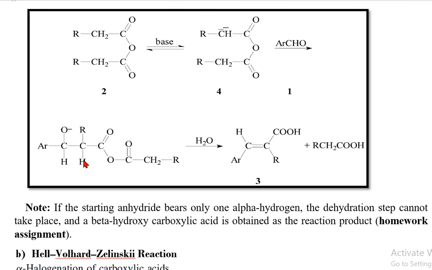So if the anhydride doesn't have another hydrogen, the dehydration step cannot happen, because there is no beta hydrogen to remove to lose a water molecule.